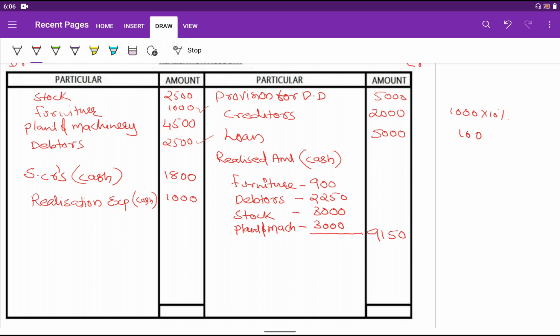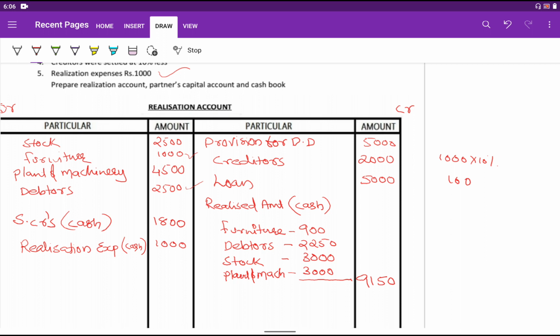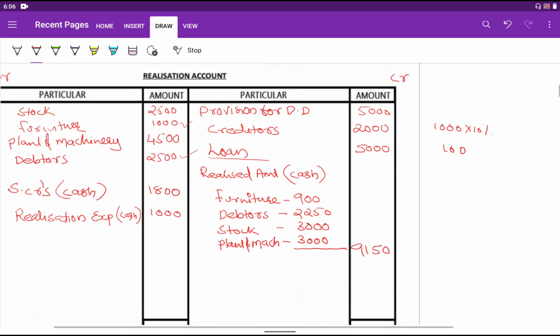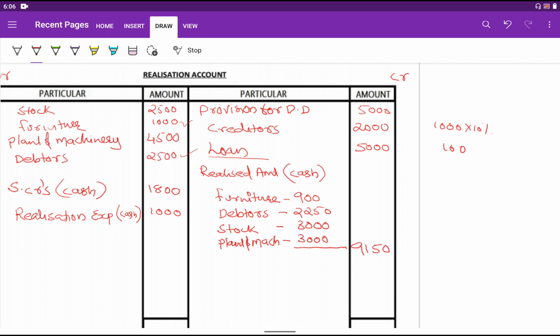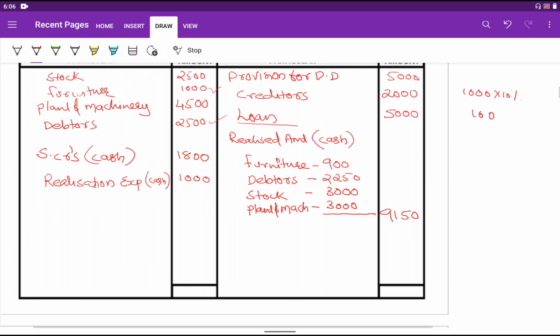Now for loan no adjustment is given in the question, but still we want to settle, because we are going to shut down and dissolve our business. So whatever liabilities are there, we should settle, no other option.